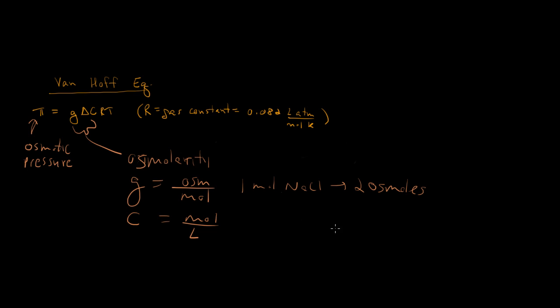So if we had 1 mole per liter of sodium chloride, times 2 osmoles per 1 mole of sodium chloride, you see that the moles cancel out, and this leads to 2 osmoles per liter, which is osmolarity. So osmolarity is linearly associated with osmotic pressure. And R is just a gas constant, 0.082 liter atmosphere per mole Kelvin, and T is temperature measured in Kelvin.